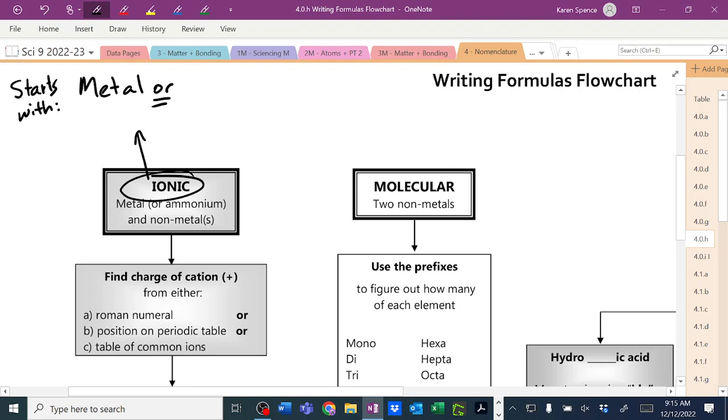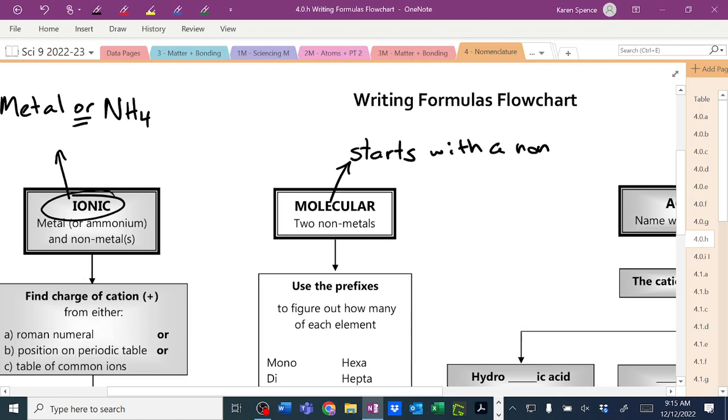Metal or NH4. If it's molecular, what does it start with? It starts with a nonmetal. But not NH4.